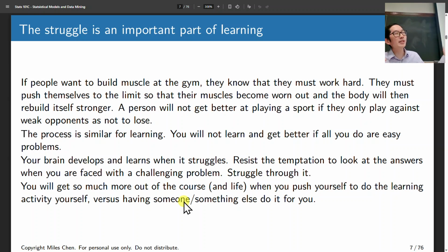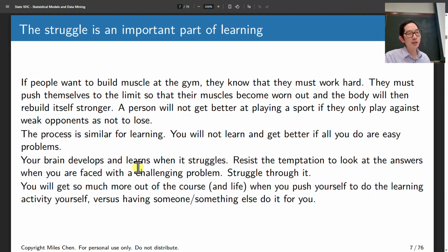But this class offers a very low stakes, safe environment where you have the freedom to make a mistake. And the worst thing that's going to happen is you lose a few points, okay? It's not like you're going to bring down the production system at your company or work. So your brain develops and learns when it struggles, okay?